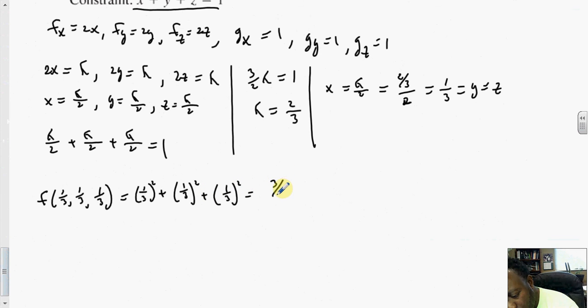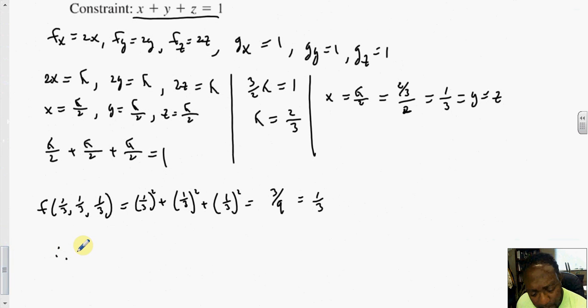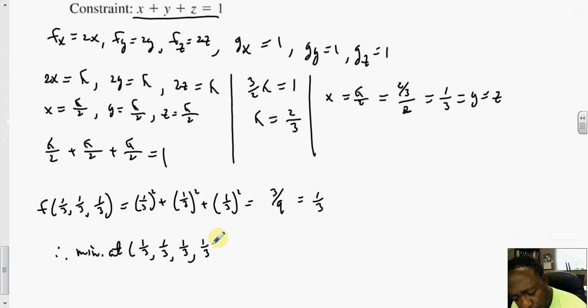It just gives us 3/9 or another third. So here we have a minimum at x is 1/3, y is 1/3, z is 1/3, and then its function value is 1/3.